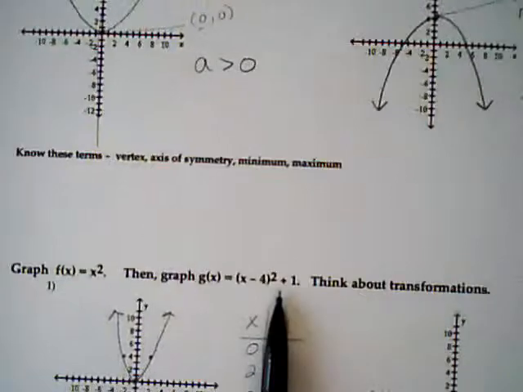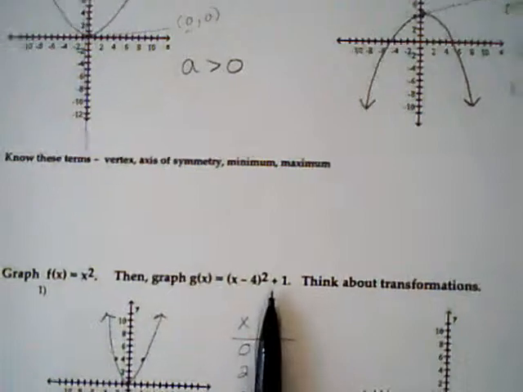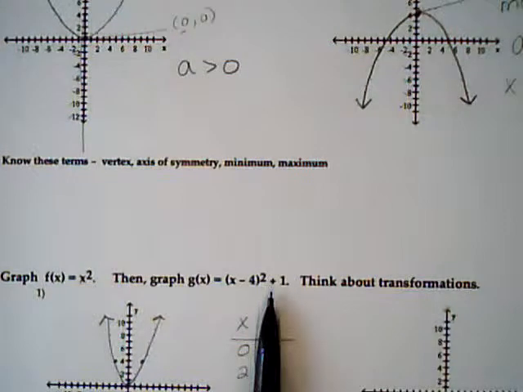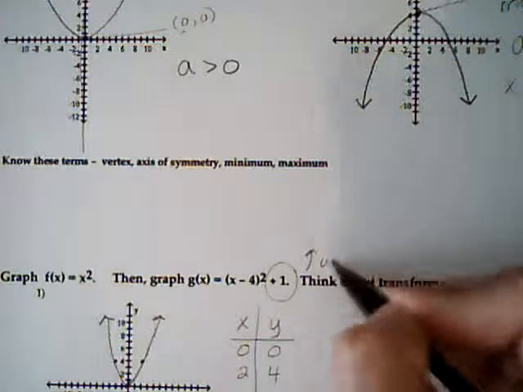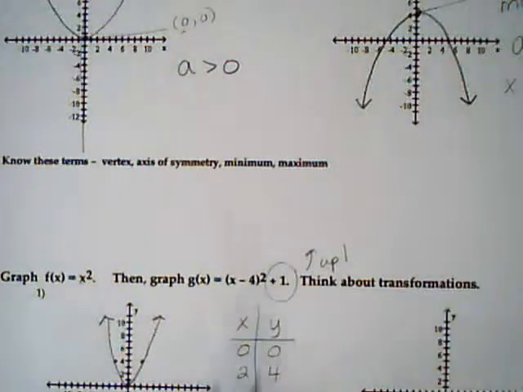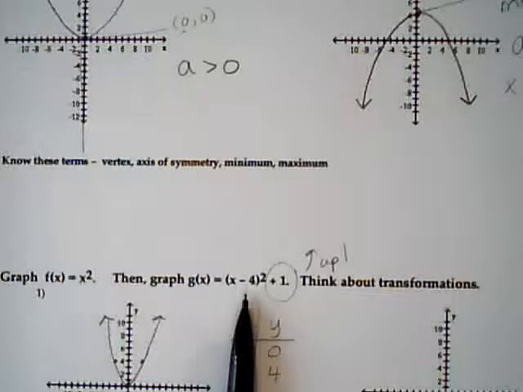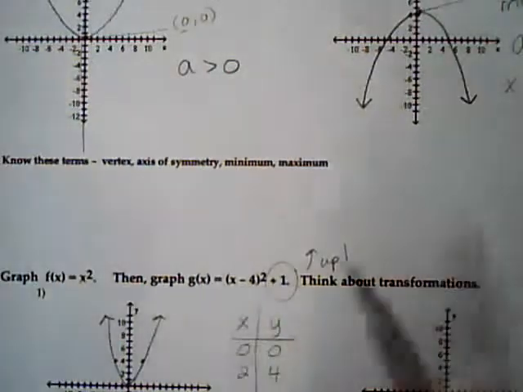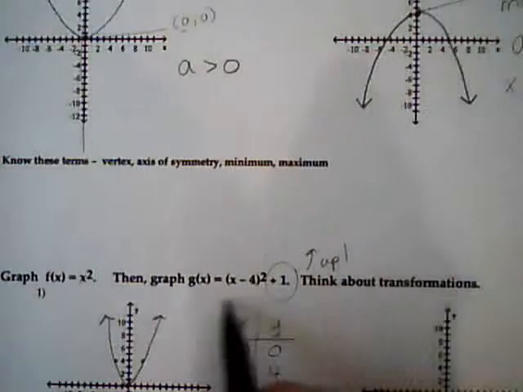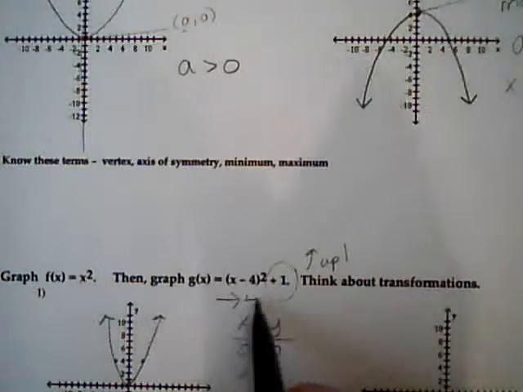We know that if a constant is being added to the function, like the plus 1, that would mean my original graph would go up 1. If we have a constant being added or subtracted to the x value, then for this problem, since it's a negative 4, it would move in the opposite direction, so to the right 4.